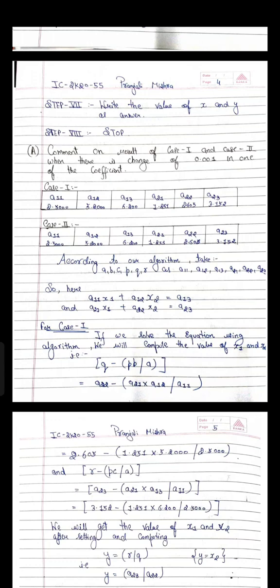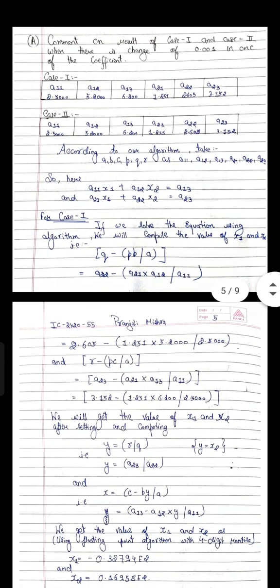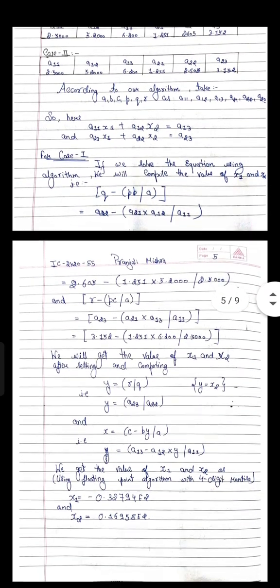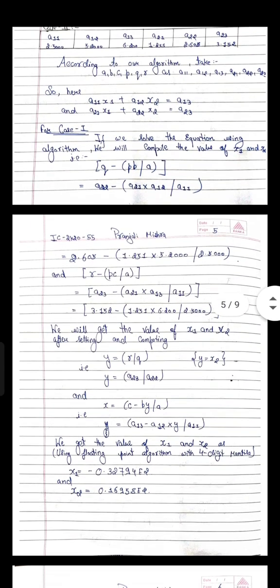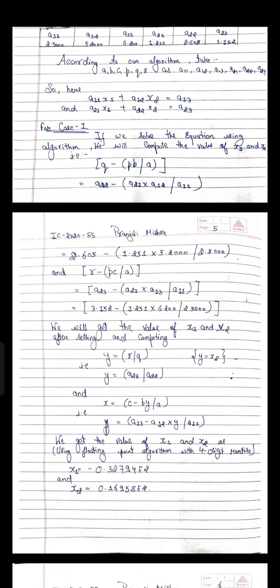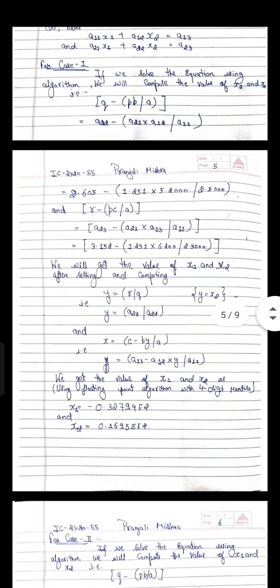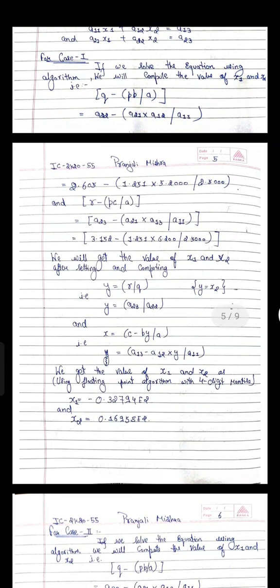We have given two equations above in the question. If we solve the equations using the algorithm, we will compute the values of x1 and x2. By solving, we get the answer as 0.32794 E2.